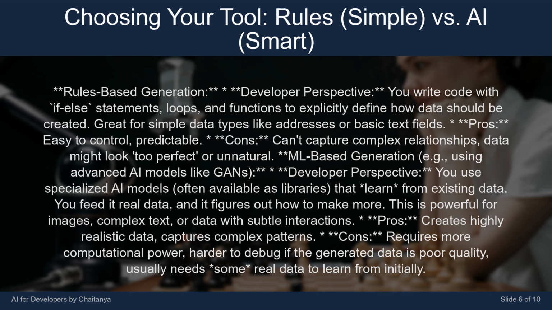This is powerful for images, complex text, or data with subtle interactions. Pros: creates highly realistic data, captures complex patterns. Cons: requires more computational power, harder to debug if the generated data is poor quality, usually needs some real data to learn from initially.